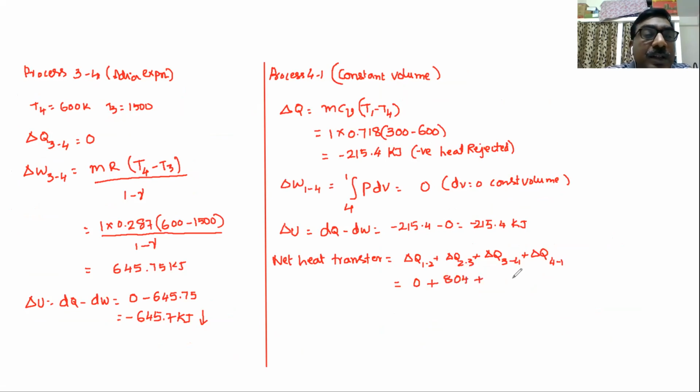What is the delta Q 3 to 4? Again this is 0. And what is the delta Q 4 to 1? This is minus 215.4. So the net heat transfer comes out to be 584.6 kilojoules.